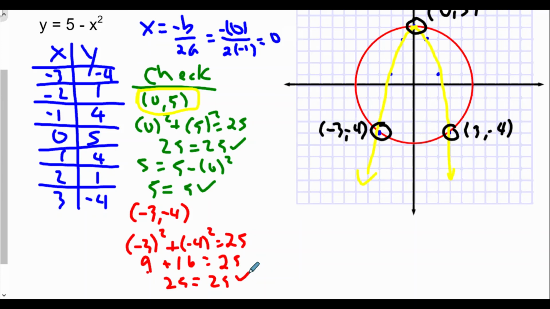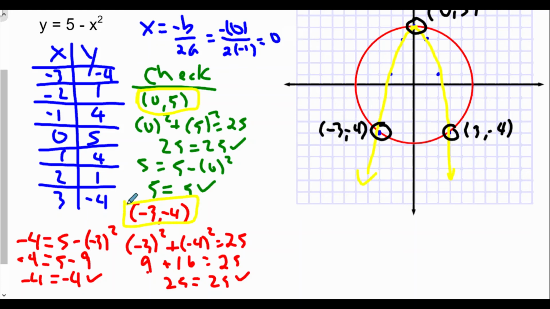Again, -4 is a y value. Does that equal 5 minus -3 squared? We have a table, but let's just work it out anyway. So does -4 equal 5 minus 9? -4 equals -4. That's correct. So that's our second coordinate we checked for both.